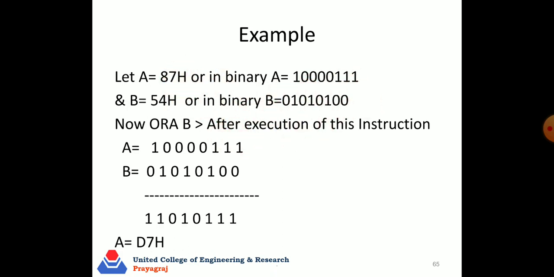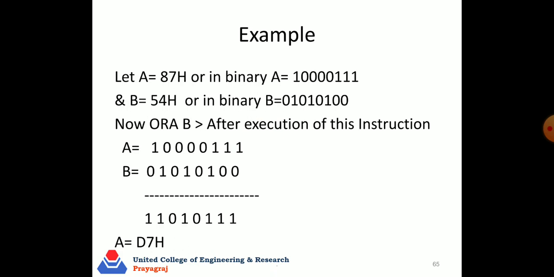So we know the truth table of OR. What is the truth table of OR? If both the inputs are low or reset or 0, then the output will be 0, or low or reset.